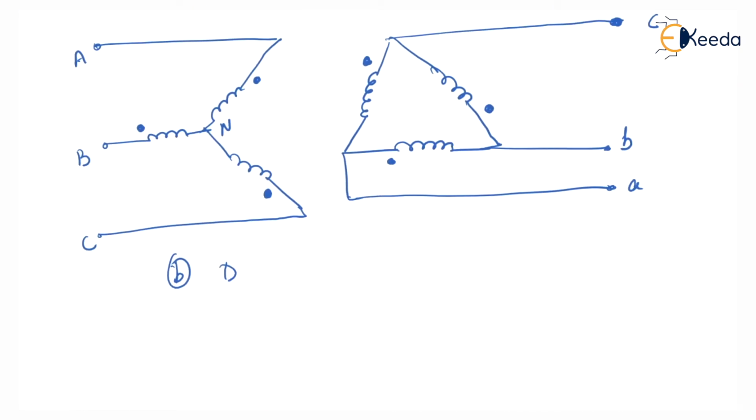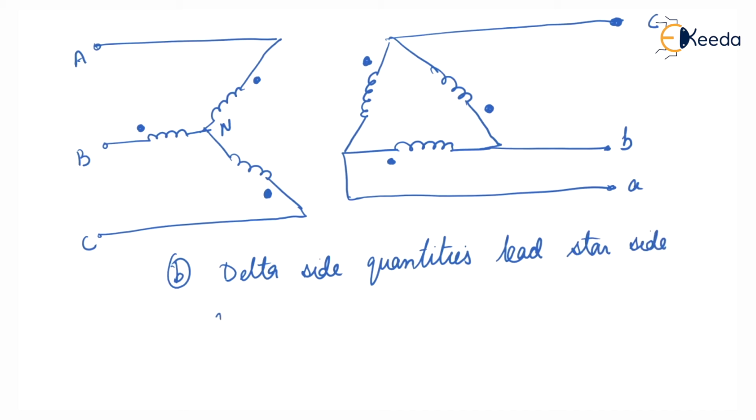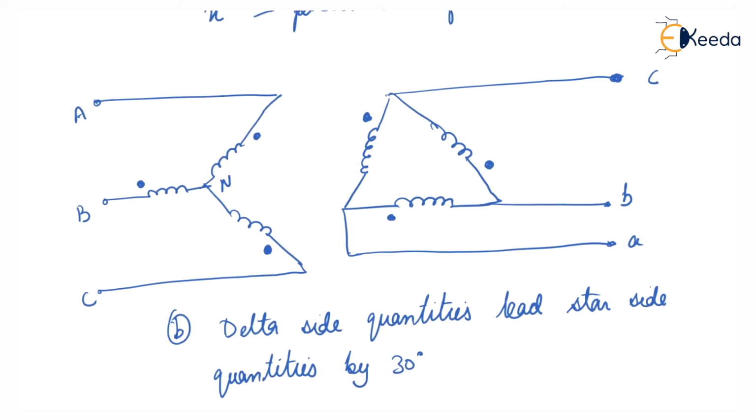Now in figure B, delta side quantity leads star side quantities by 30 degree. So in this diagram, if the delta is connected, the phase shift reverses, and the delta side quantity leads star side quantity by 30 degree.